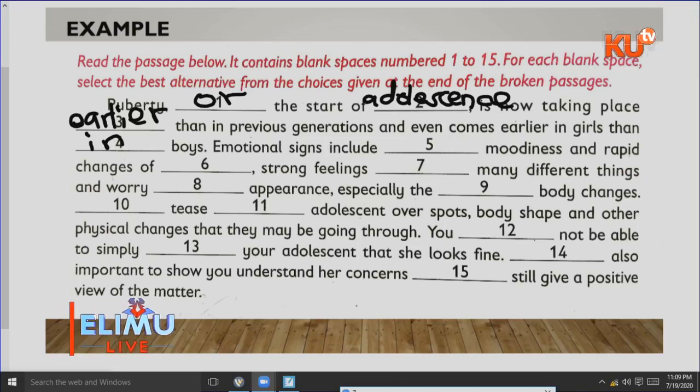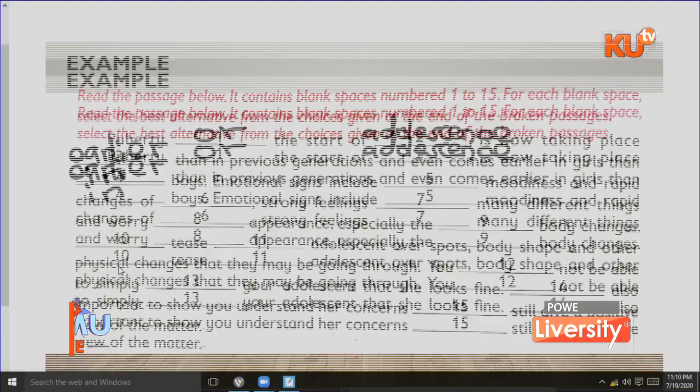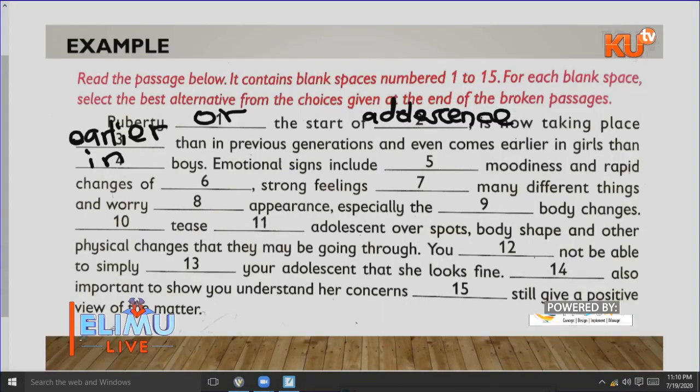So you read again for the second time to try and understand that cloze test. After you've done that, you then move to your next step, which will be easier, where you will go to pick your answers. So your next step will be about picking your answers.